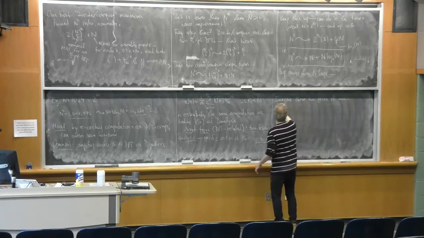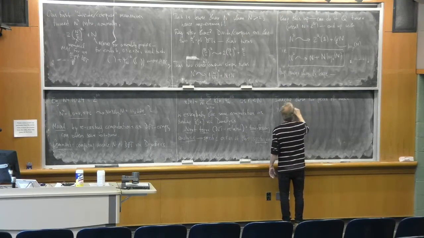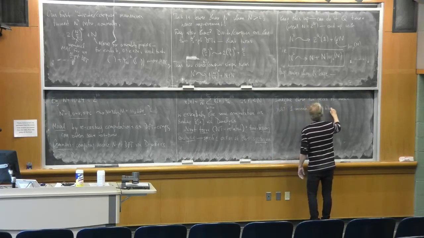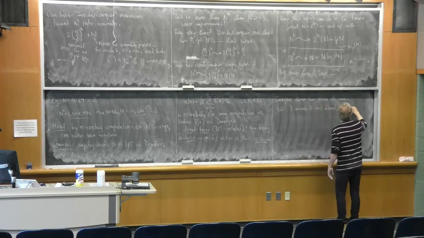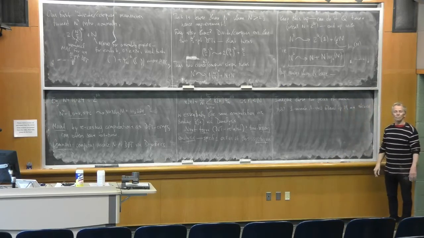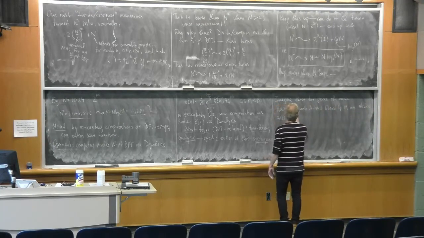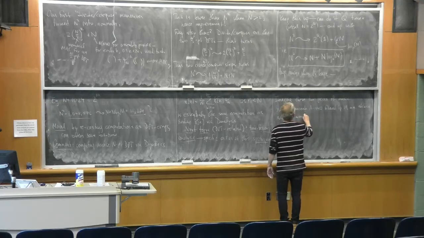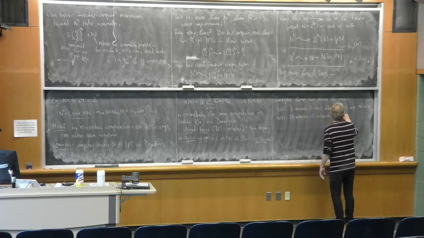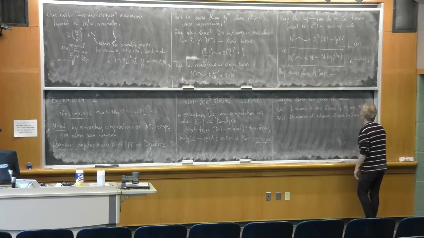Say, let's call one of them x1 of t. These are continuous time signals. x1 of t is going to be a 1 minute A440 followed by 19 minutes of silence. x2 of t is going to be 19 minutes of silence followed by 1 minute A440.